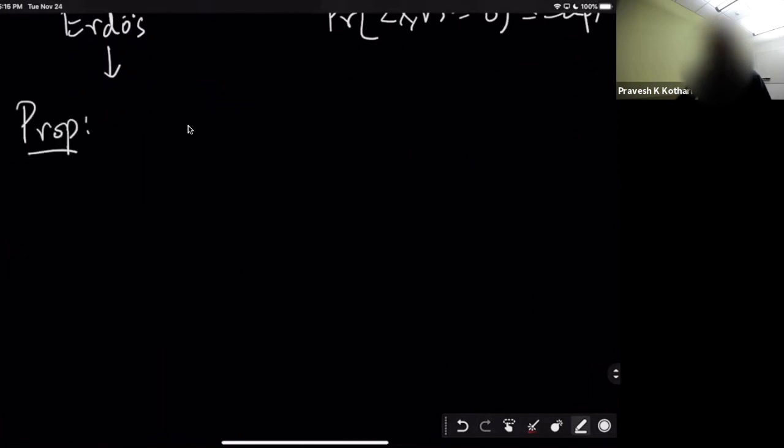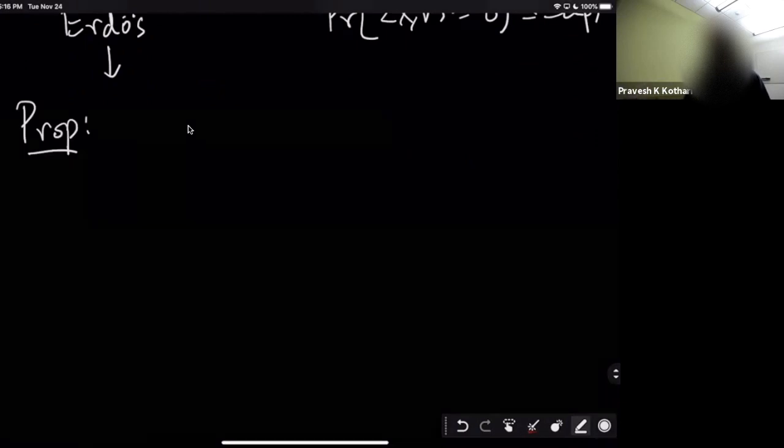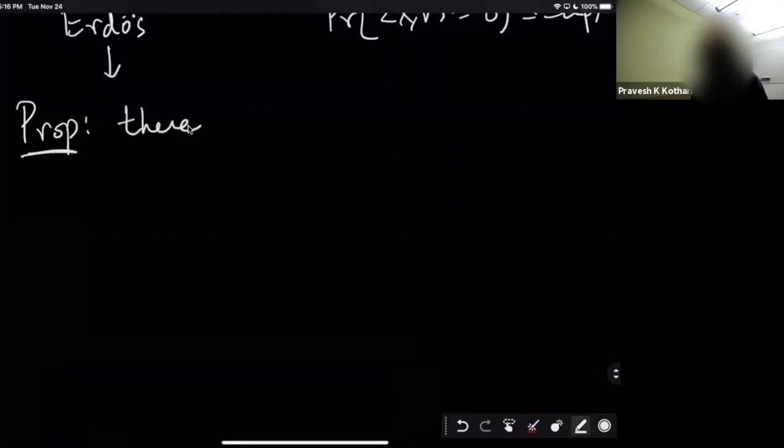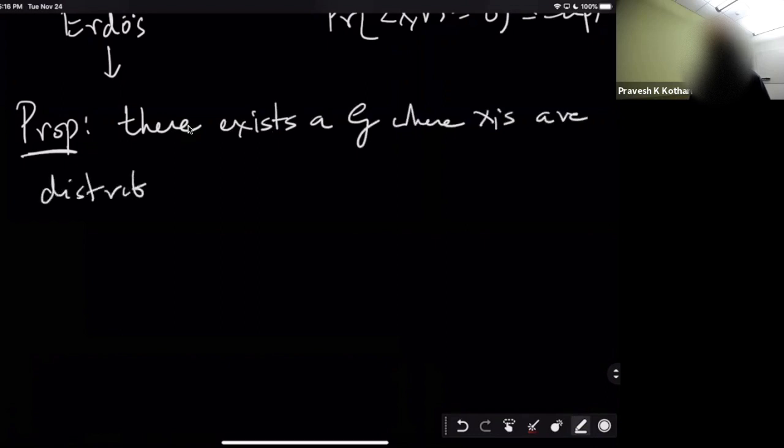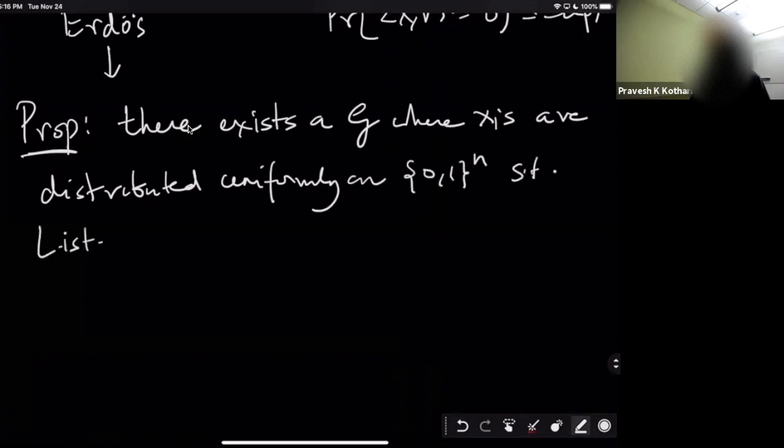proposition. It turns out that there exists a good set where the x_i's are distributed uniformly on 0, 1 to the n, such that the list-decodable noisy linear equation problem is impossible to solve.